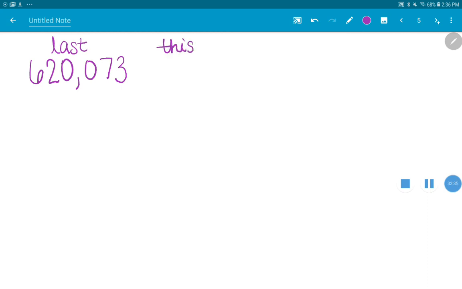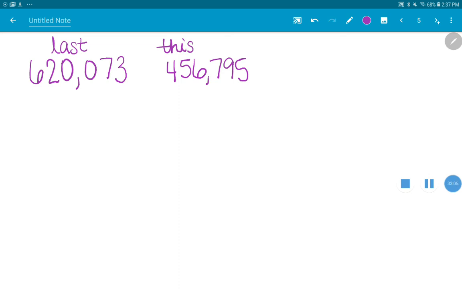This year, there were 456,795 people in attendance. So last year, 620,073 people. This year, 456,795 people. How many more people were in attendance last year?